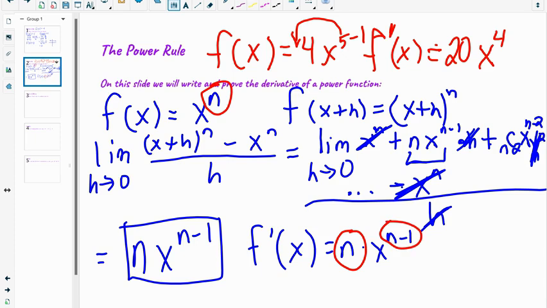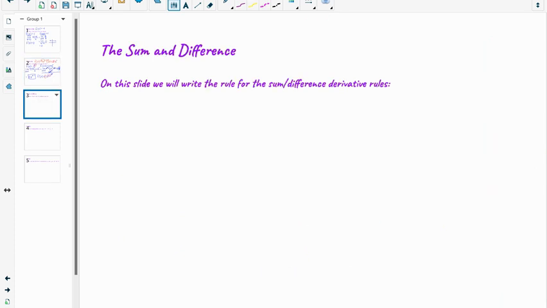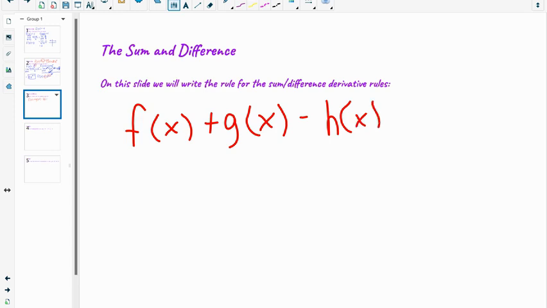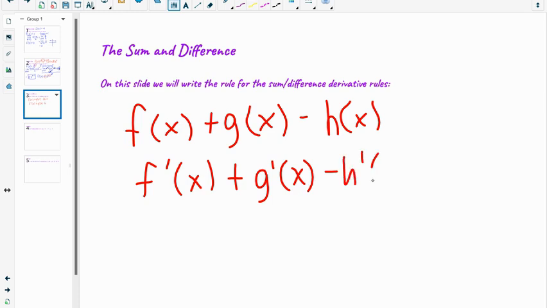Pretty simple. All right, let's go over one. I promise I won't make you prove this one. But this is the sum and difference formula. This just tells us that if we're taking the derivative of f of x plus g of x minus, say, h of x, the derivative of this expression would be f prime of x plus g prime of x minus h prime of x.